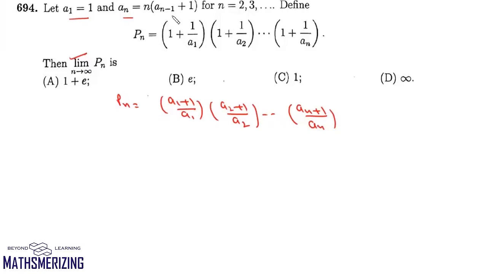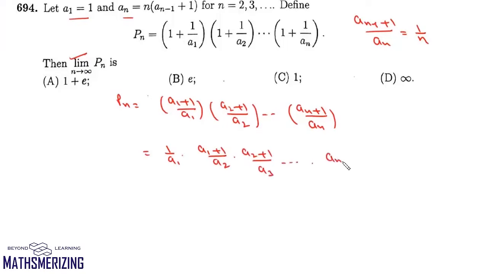Now from this recurring relation we can say that (a(n-1) plus 1) upon an is equal to 1 upon n. So we can write this as 1 upon a1 and then (a1 plus 1) upon a2 into (a2 plus 1) upon a3, and it goes all the way up to (a(n-1) plus 1) upon an into (an plus 1).